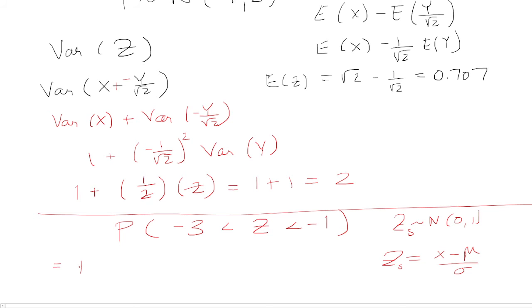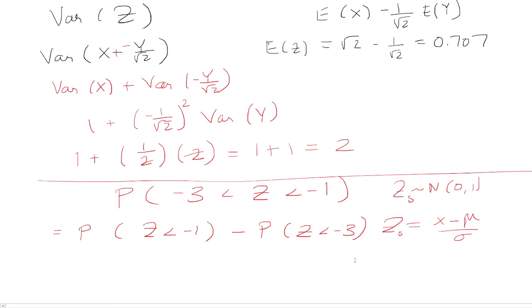But first, I can split this up into the probability Z is less than -1 minus the probability that Z is less than -3. And now I can introduce a standard normal variable. I'm going to take -1 subtracted by the mean, which we said was 0.707, divided by the standard deviation.